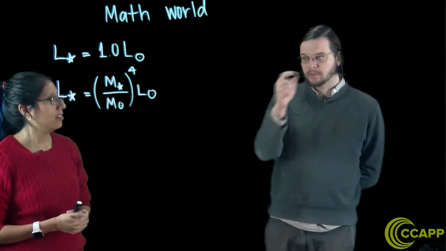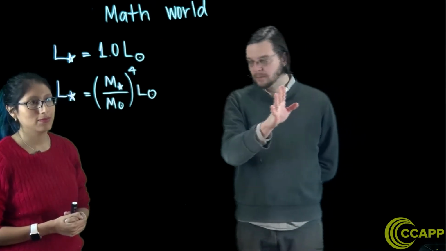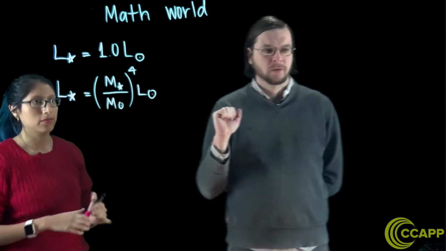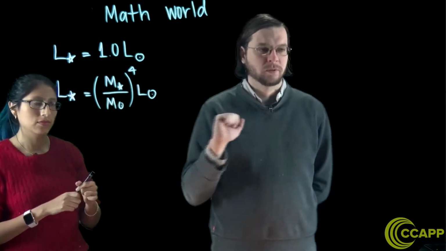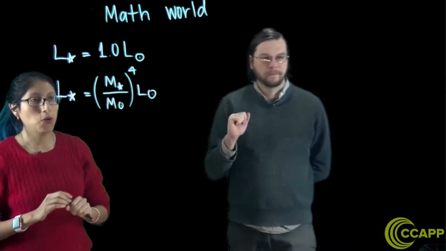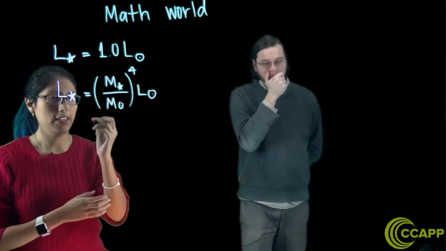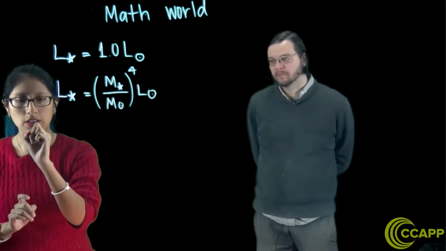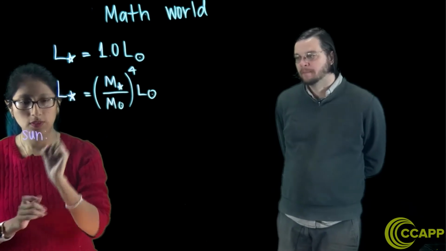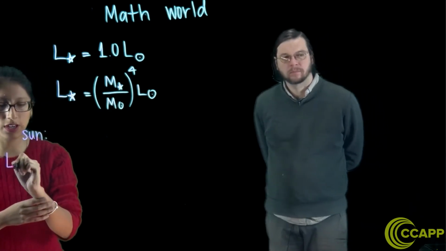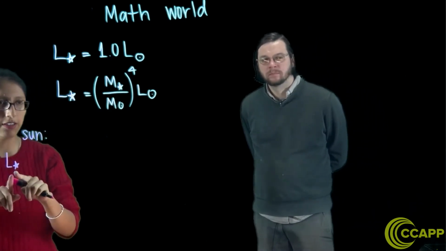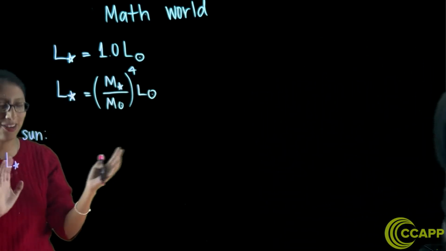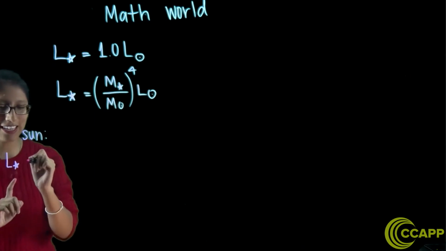But we should double check that it works for the sun. The sun is a main sequence star, and this equation is true of main sequence stars. So let's see if the sun actually works. For the sun, I'm just going to call it a star, because we're going to pretend it's any star right now.